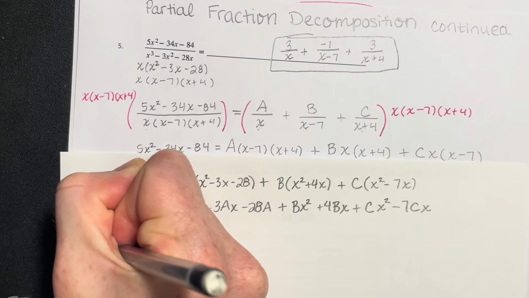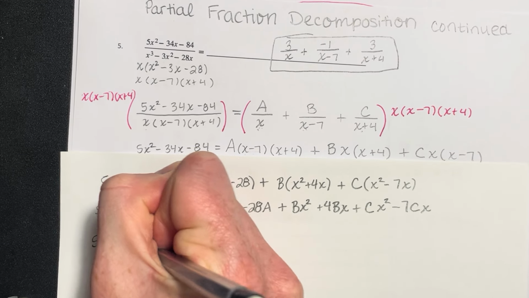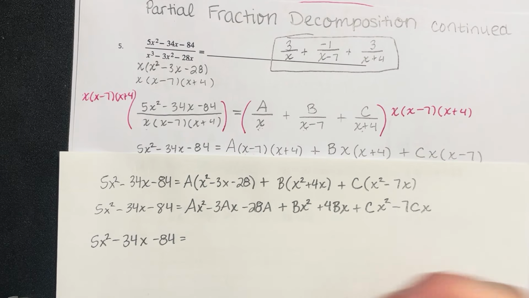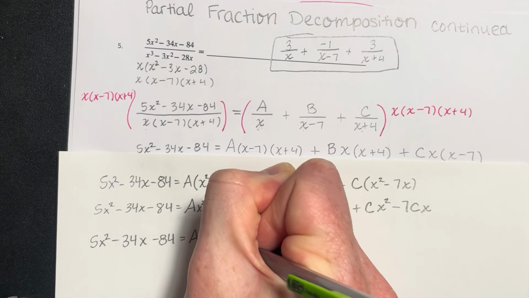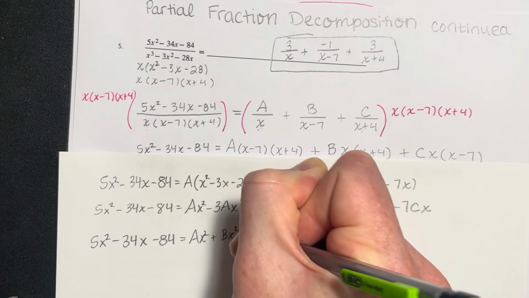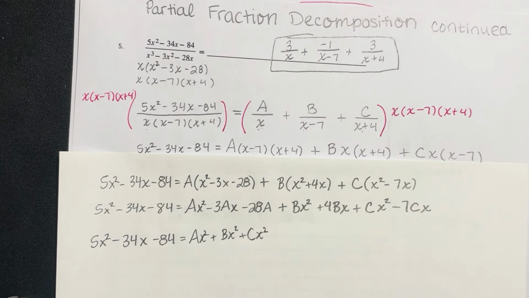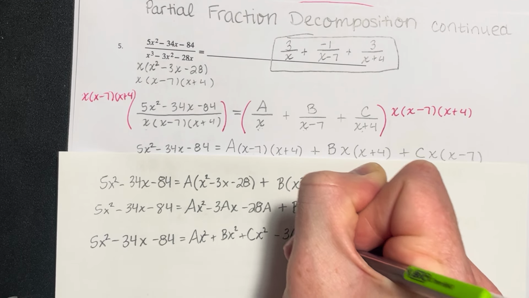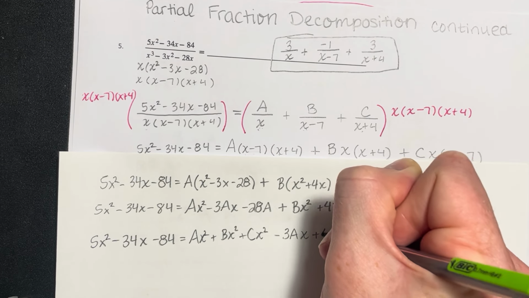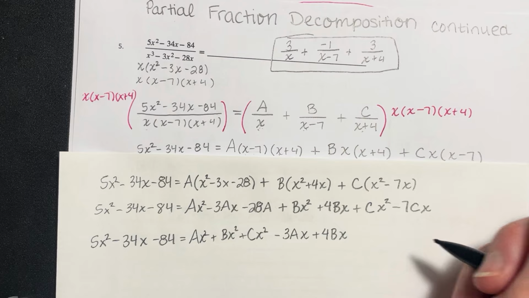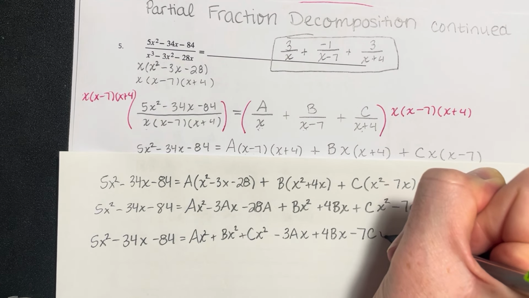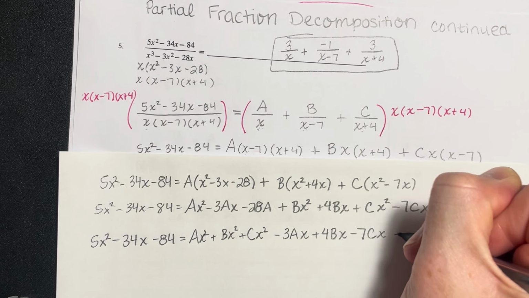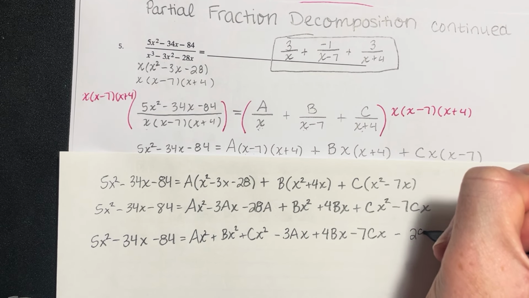So if we reorganize this, 5x squared minus 34x minus 84 is equal to ax squared plus bx squared plus cx squared, minus 3ax plus 4bx minus 7cx. And then our constant term was minus 28a.